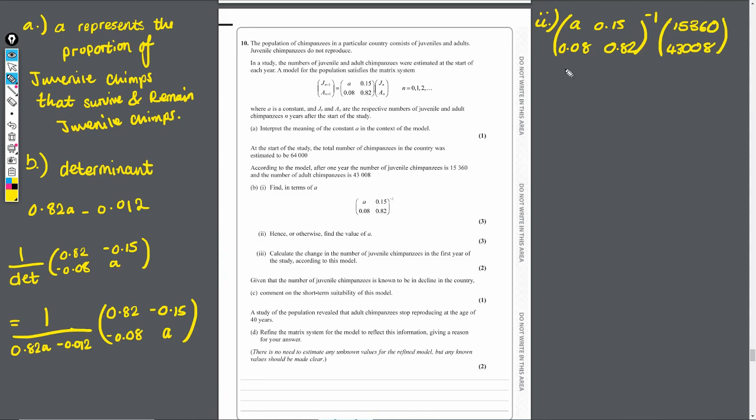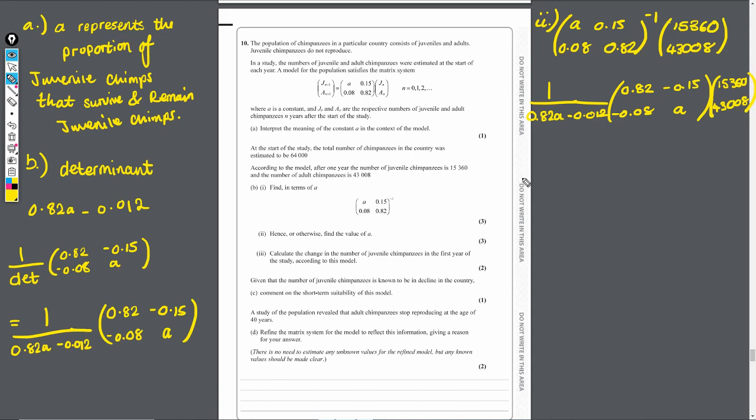If I write this out in full, this is going to be 1 over 0.82A minus 0.012, and then it's this matrix here, 0.82, minus 0.08, minus 0.15, A, and then we times it by this, and 43,008.